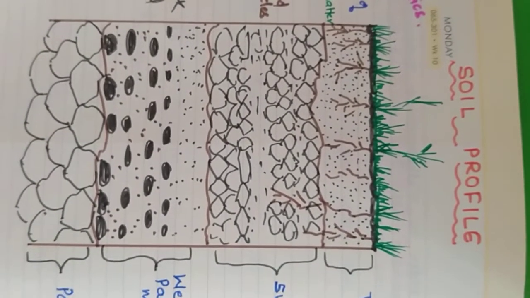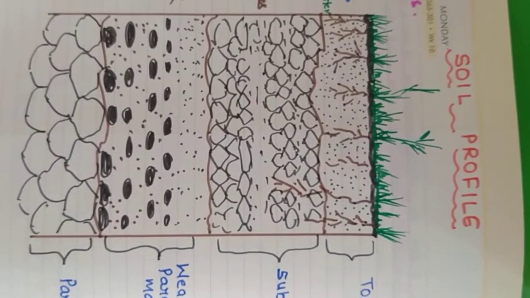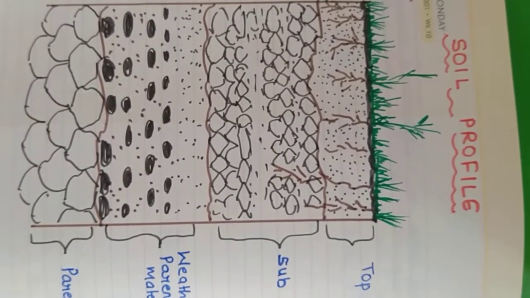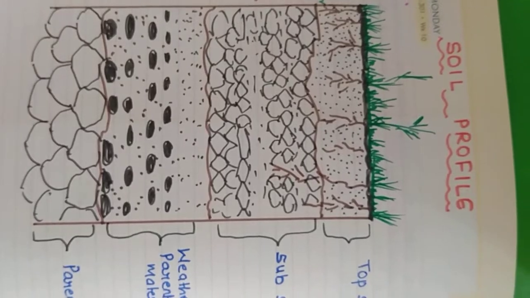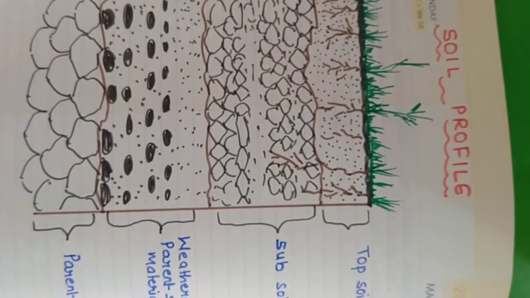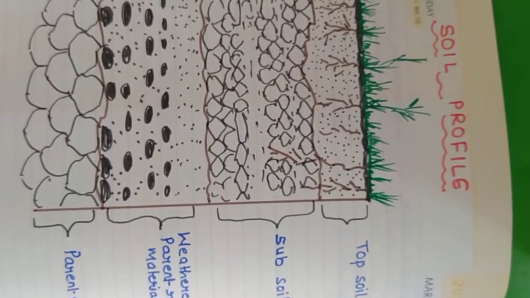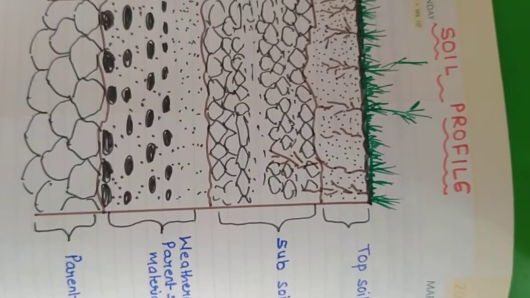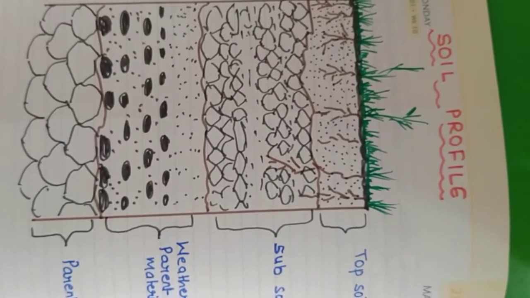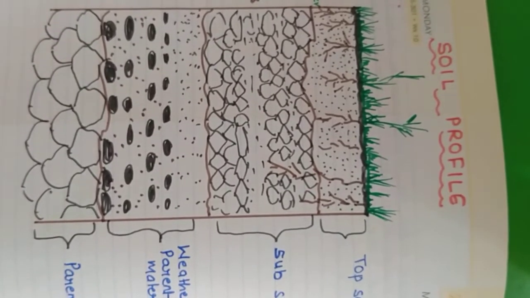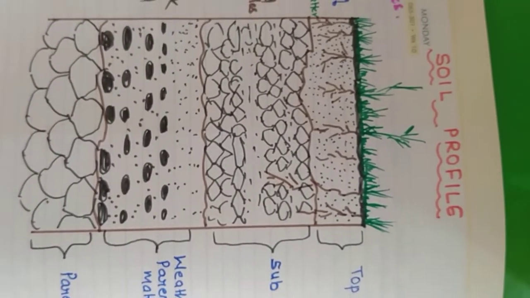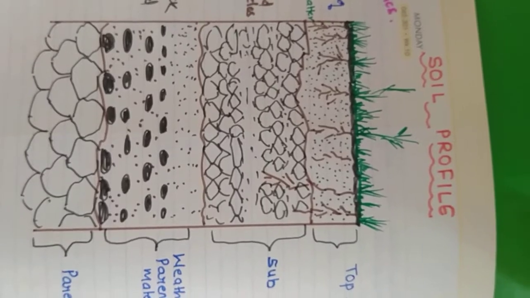So we can see soil is very valuable wealth, and soil is the basis of economic development of the country. According to an American pedologist, soil is the uppermost layer of the unconsolidated particles found on the earth's surface, which is made up of parent rock and vegetation.